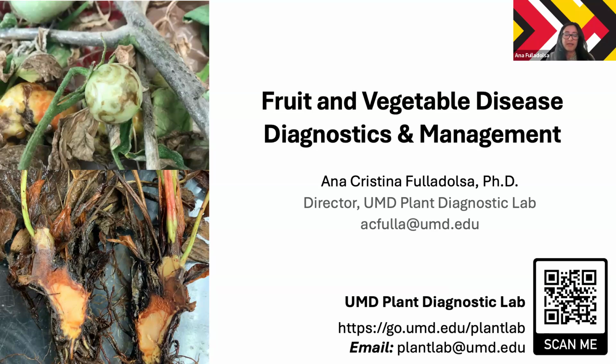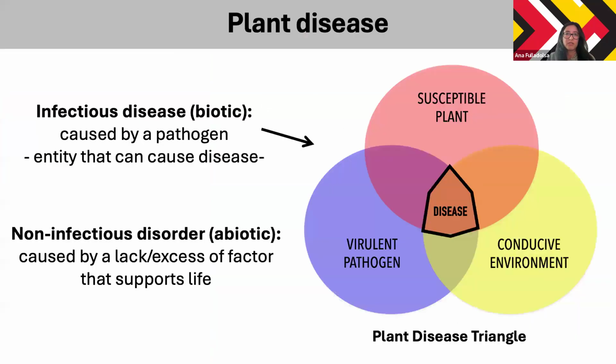So I want to start by talking a little bit about the plant disease triangle. The reason I'm doing this is because it's very, very important, in particular for disease management, to understand that disease is caused by the coming together of a susceptible plant, a virulent pathogen, and a conducive environment.